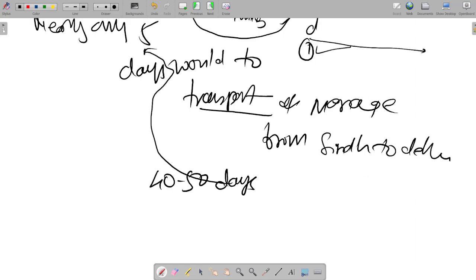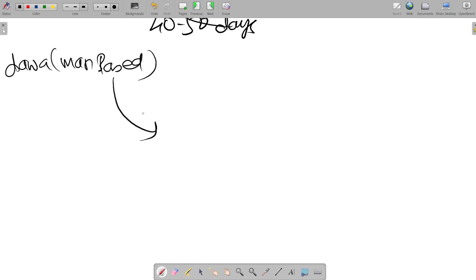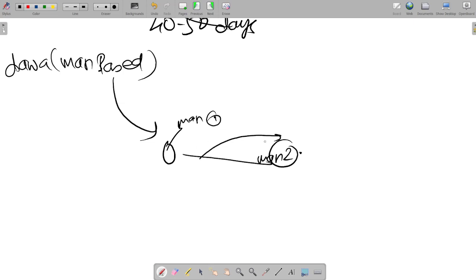The other system was dawa, or man based. In this, a man would run at full efficiency from one place to another place. And in this system, the efficiency of the man would not decrease.